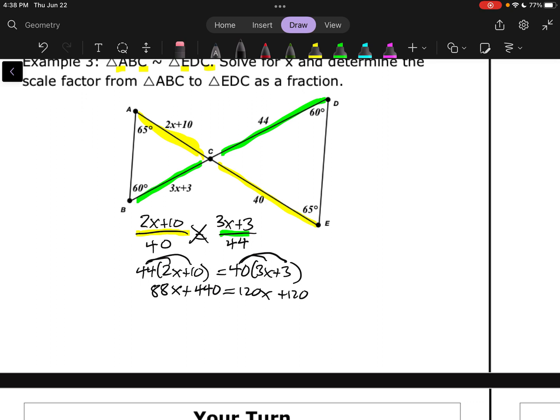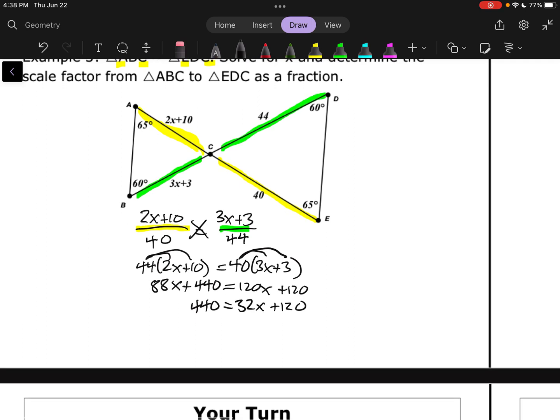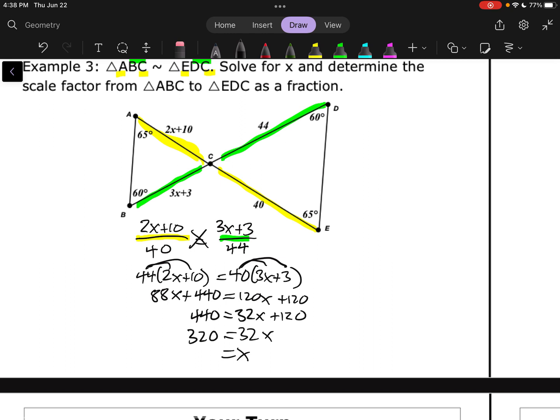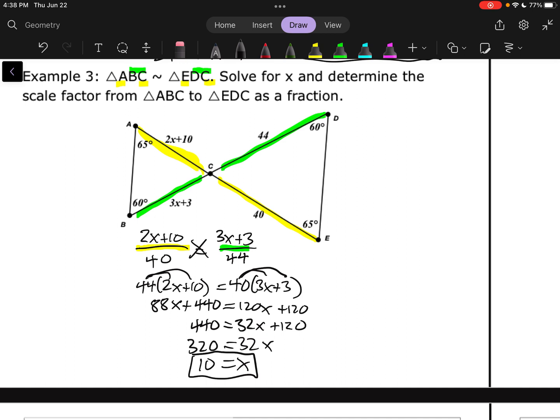Okay, if I subtract that 88x, I've only got a 440 over here. 120 minus 88 is 32. 32x plus 120. If I subtract the 120, oh, this is going to be nice. We get 320 is equal to 32x. And dividing then would give us 10. So another x being 10.